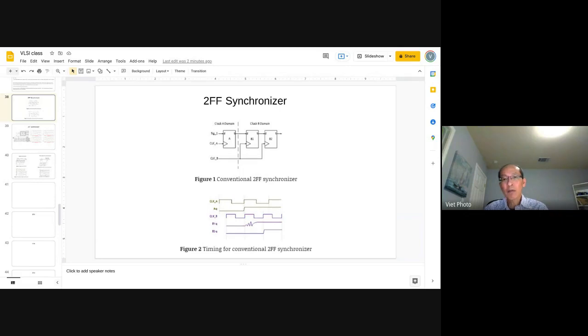So, at the bottom line, coming back here, when the metastability happens, it usually happens only for a certain time and then gets to stable. When it gets to stable, the next clock will capture it correctly.